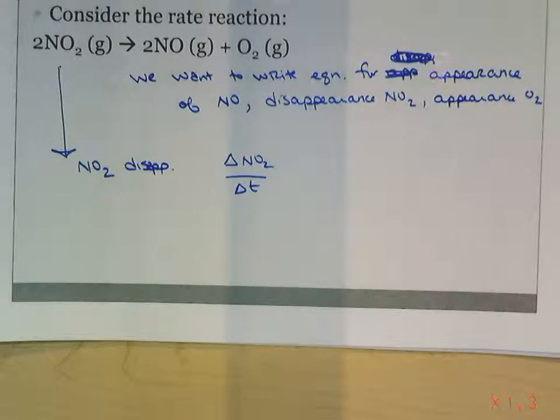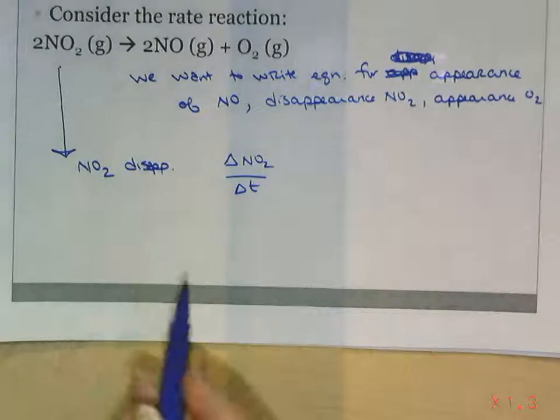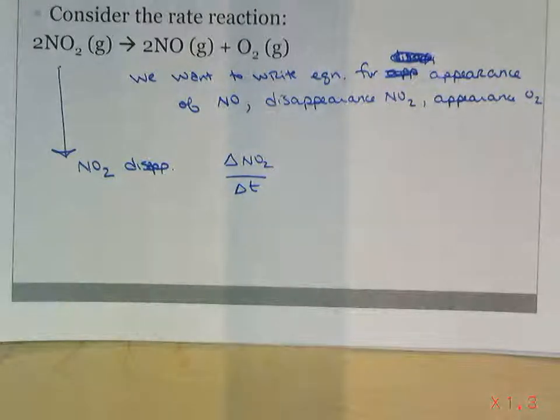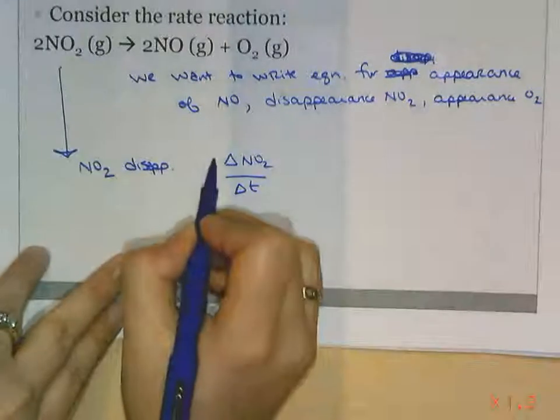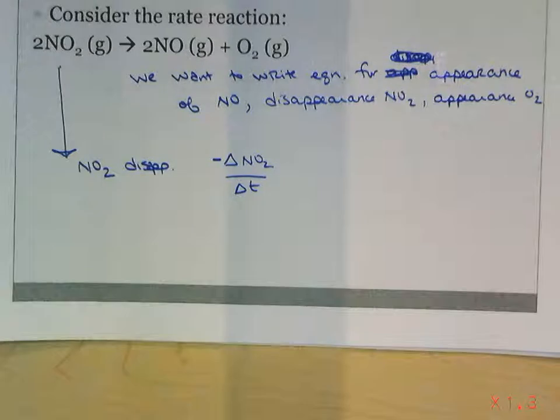I can drive 60 miles per hour backwards or 60 miles per hour forwards. Probably wouldn't want to drive 60 miles per hour backwards, seems kind of a bad idea. So if this is my rate equation, and I'm looking at something disappearing, I can't have a negative rate, so how do I unnegative a negative? Add another negative. So rates of disappearance are negative top over bottom, because that way I get a positive number at the end.